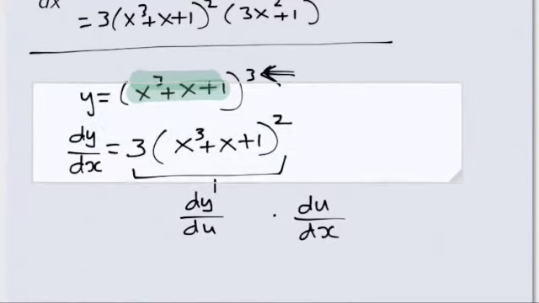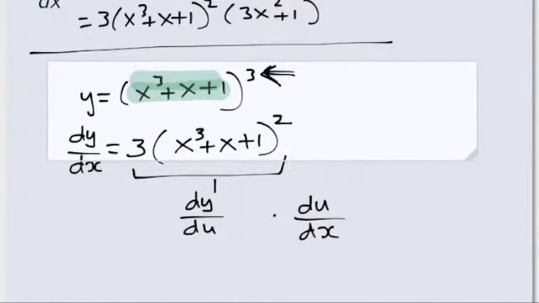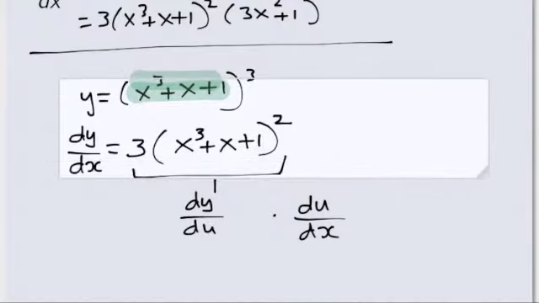Now the chain rule states that dy dx is equal to dy du times du dx. So we need to multiply dy du by du dx. Now u is the term that's marked green, so if we differentiate that with respect to x, derivative of x cubed is 3x squared, derivative of x is 1, derivative of 1 is 0.